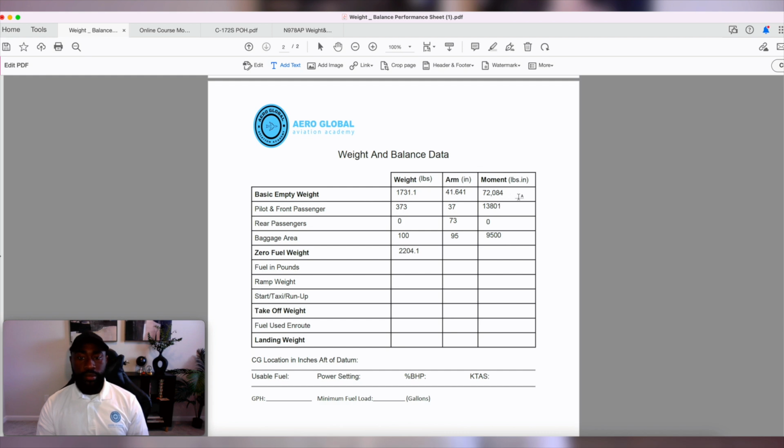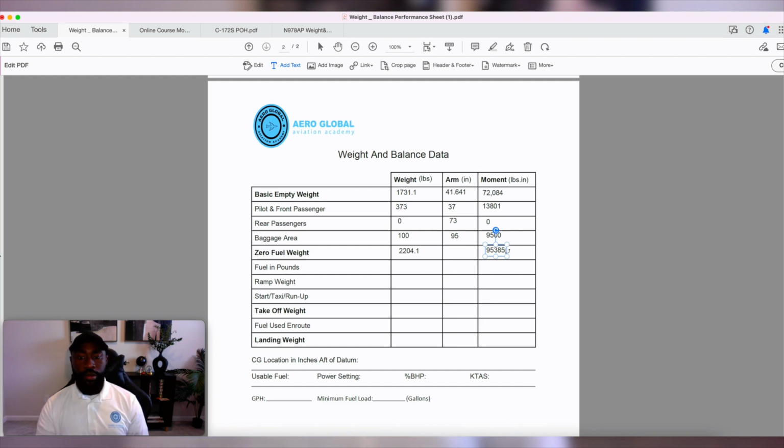So we do the same thing for the moment. We add all the moment on this side. We get 95,385.